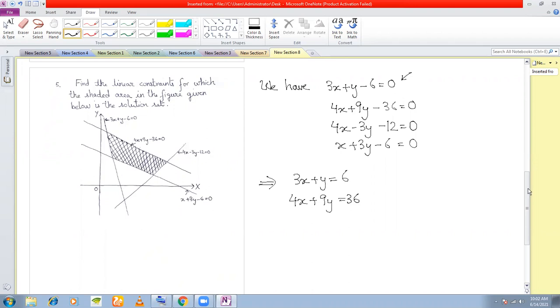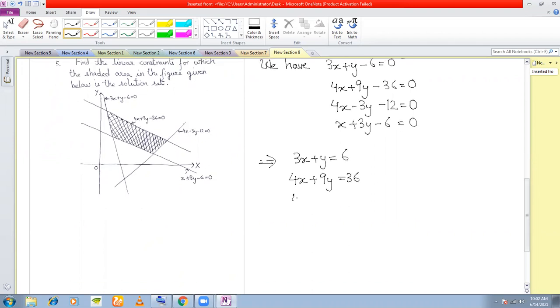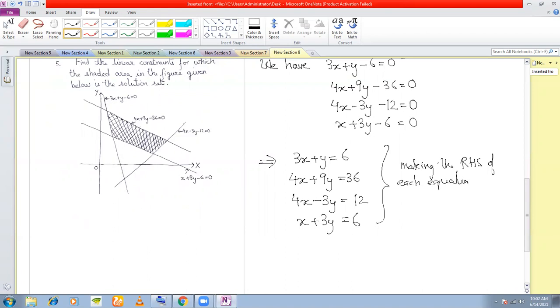Again, here the right hand side is positive. 4x minus 3y is equal to 12. Right hand side positive. x plus 3y is equal to 6. Right hand side positive. So, making the RHS of each equation positive.